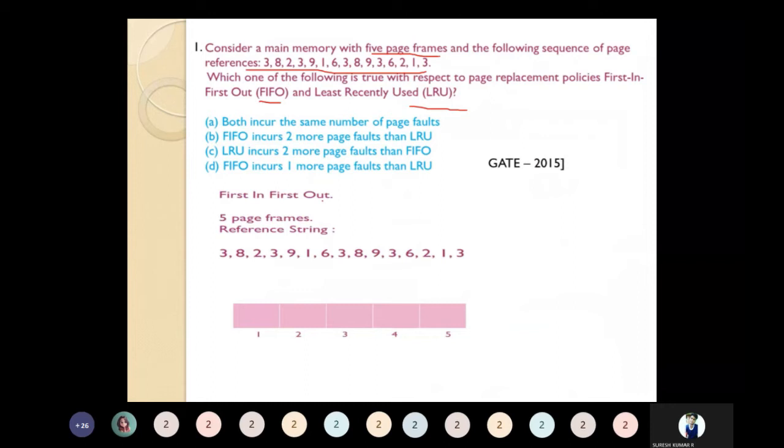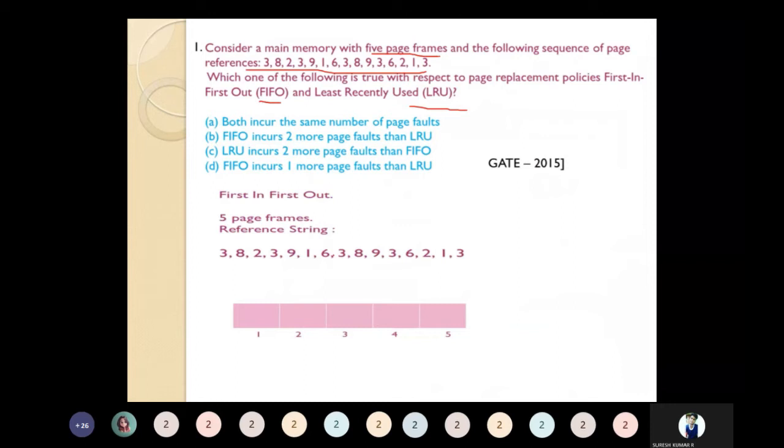Now we have to analyze how many page faults occur. Here there are 5 page frames and the reference string is given: 3 8 2 3 9 1 6 3.